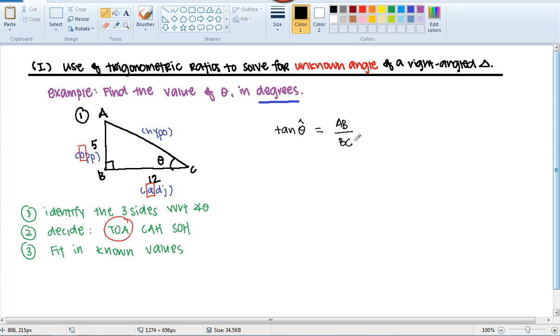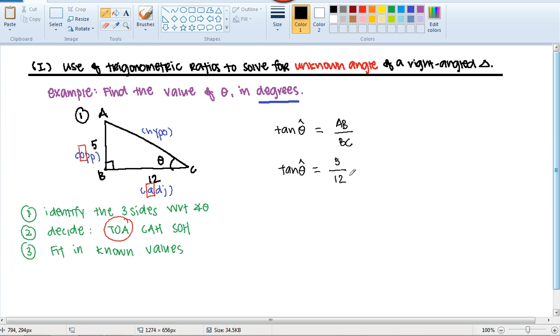So I'm going to do my step 3 to fit in the known values. Angle theta is still an unknown, something I need to find at the end of this question. My value of side AB is 5 units. Side BC is 12 units.